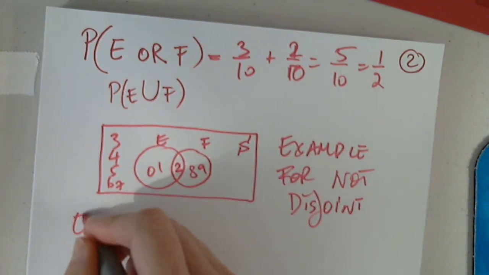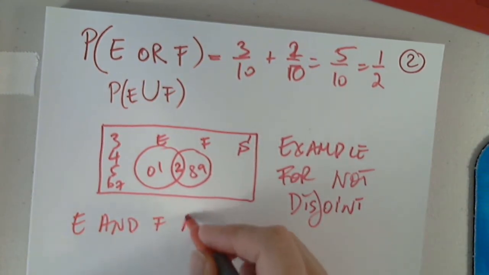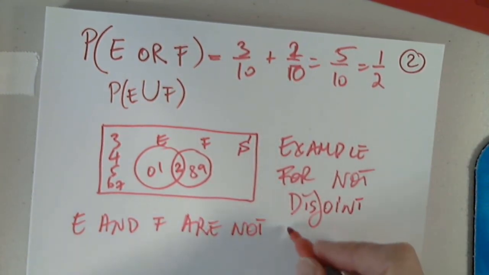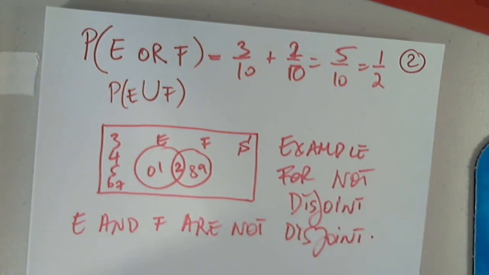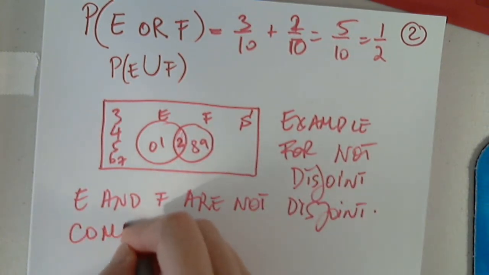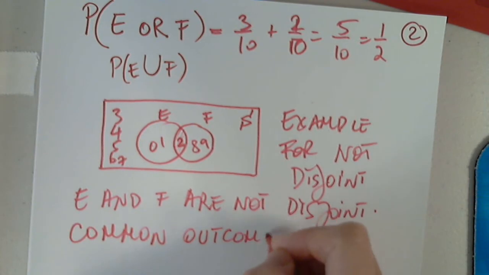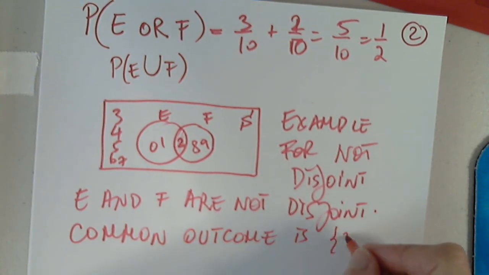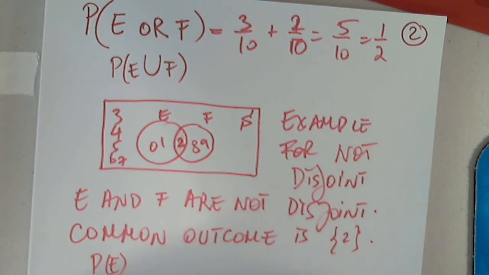But this time, E and F are not disjoint. Why? They have a common outcome. The common outcome is 2. The probability of E doesn't change. It's still 3/10. But now the probability of F is 3/10, not 2/10 as it was.